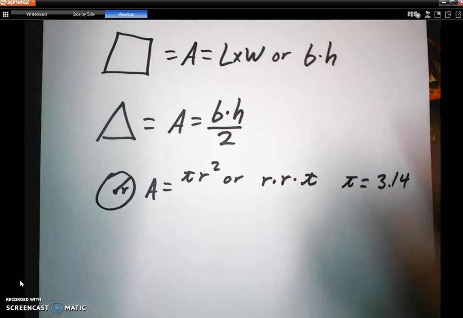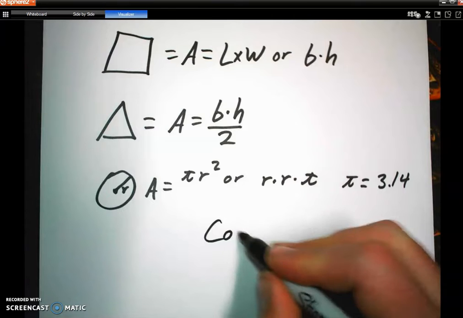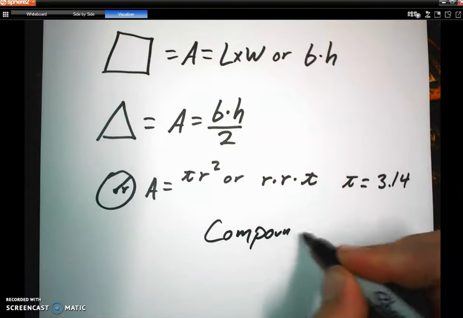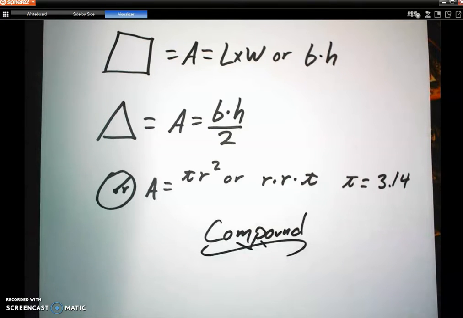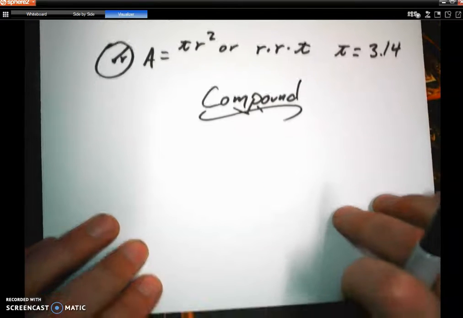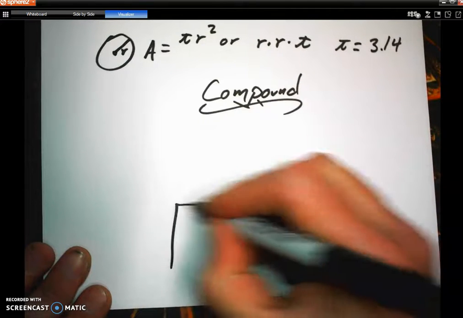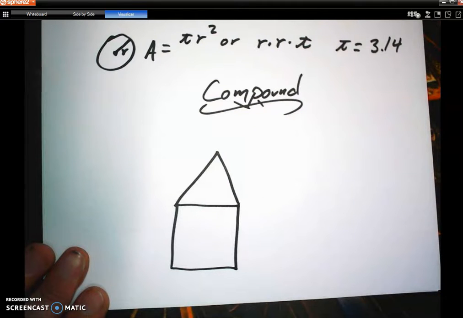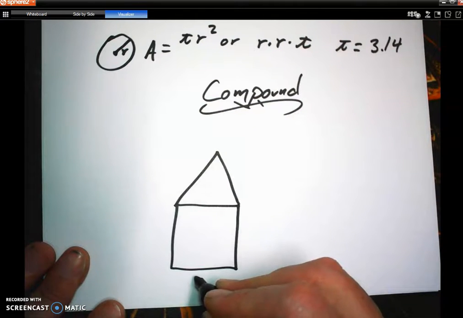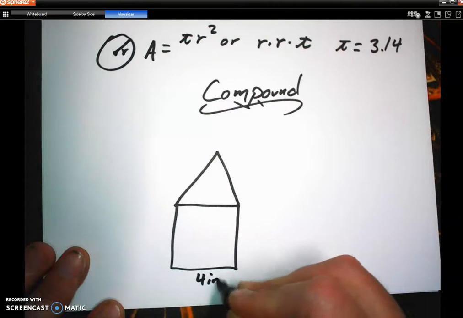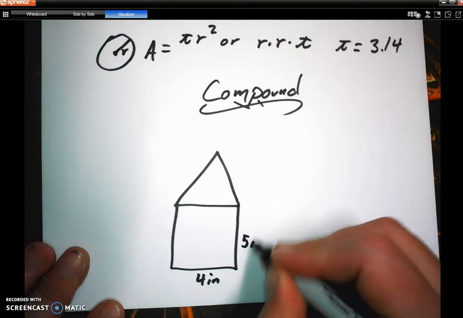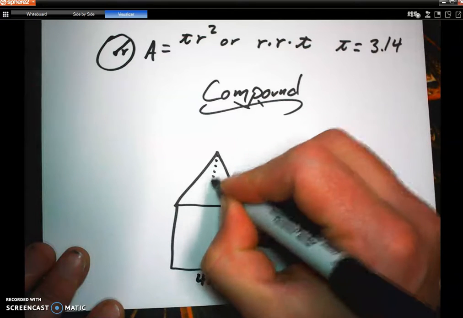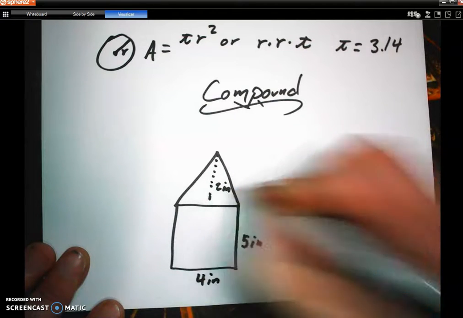So, what are compound shapes? Compound, or composite as they're also called, is two or more shapes put together. For example, let's say we have a square with a triangle on top, a tiny little house. Its length is 4 inches, its height is 5 inches, and let's say the height of the triangle is 2 inches.